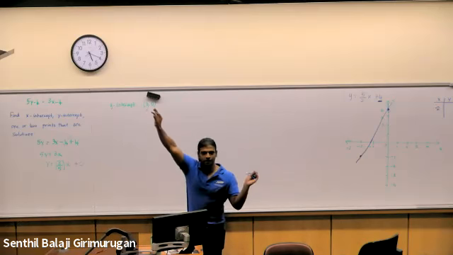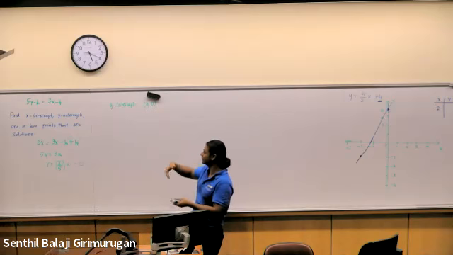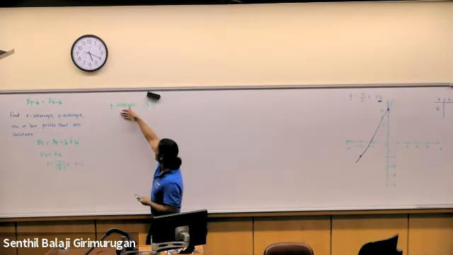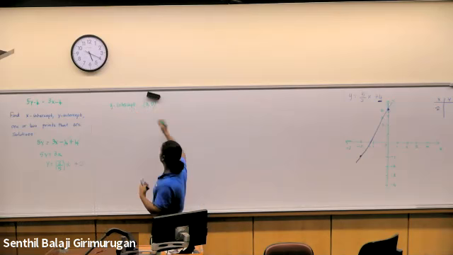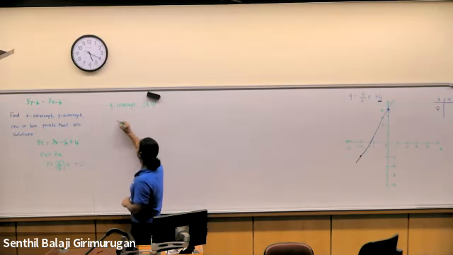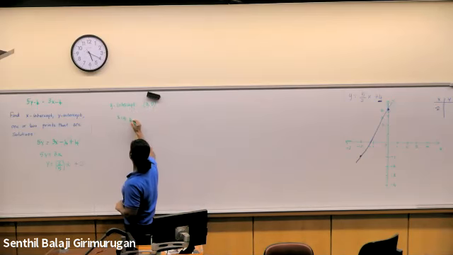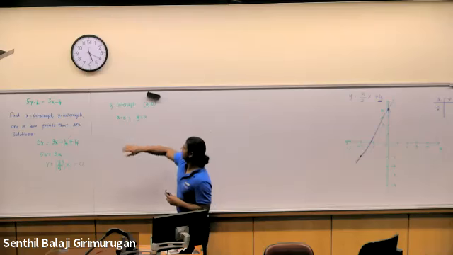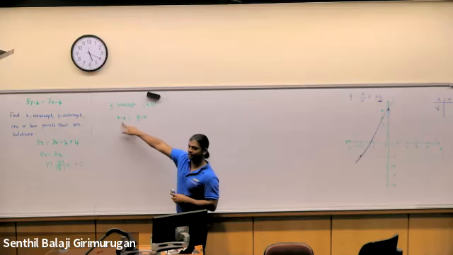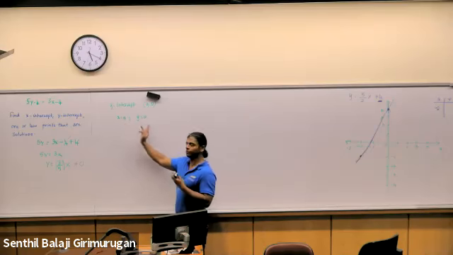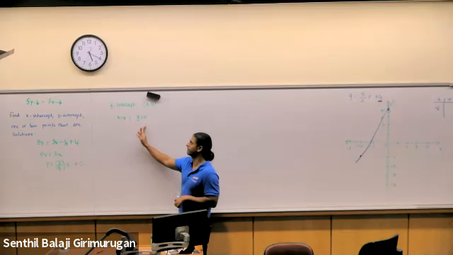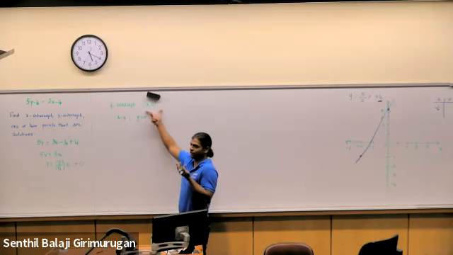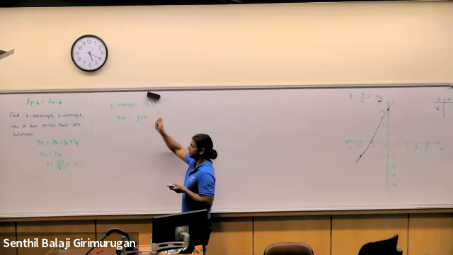There is no other axis that it will touch directly. So y-intercept, x-intercept, they are one and the same. So x equals 0, y equals 0, and that will correspond to only 1 point, 0, 0.